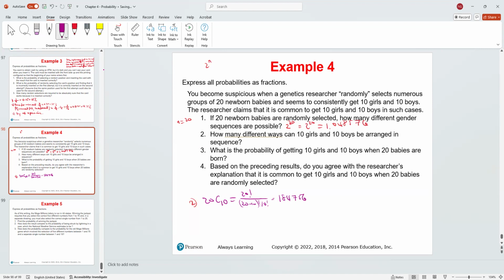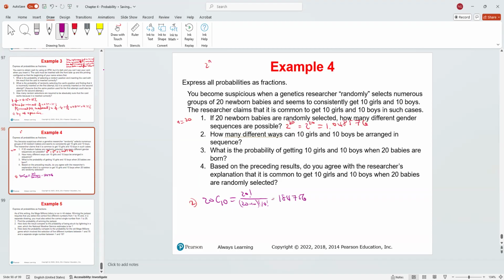Number 3, what is the probability of getting 10 girls and 10 boys when 20 babies are born? Remember, the previous one asked how many different ways 10 girls and 10 boys can be arranged, and we used combinations. But in this one, it's a little bit different, because for the probability of getting 10 boys and 10 girls, we need to do it in a different way.